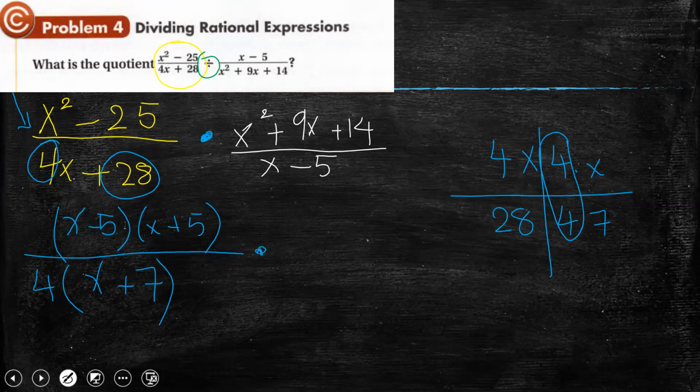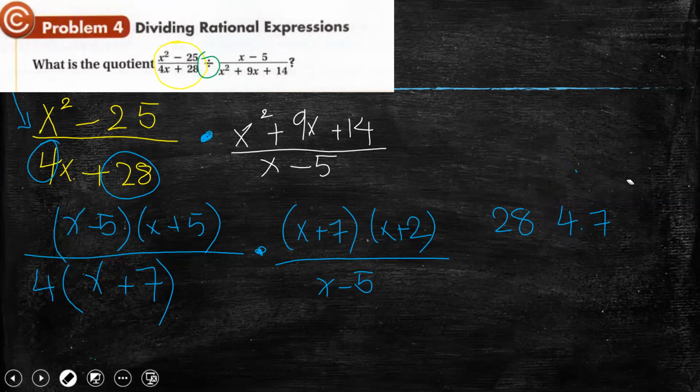Let's continue here. x squared plus 9x plus 14: give me two numbers that multiply to 14 and add to 9. Plus 7 and plus 2. That gives x plus 7 times x plus 2, over x minus 5.